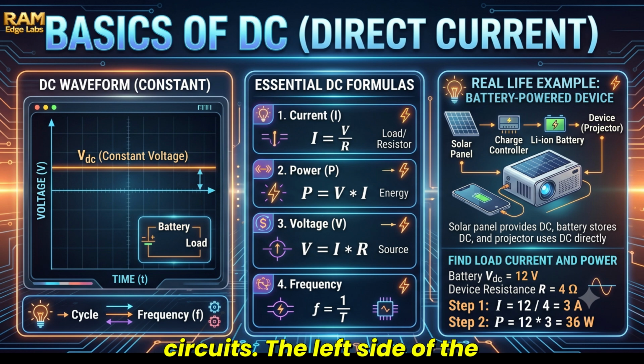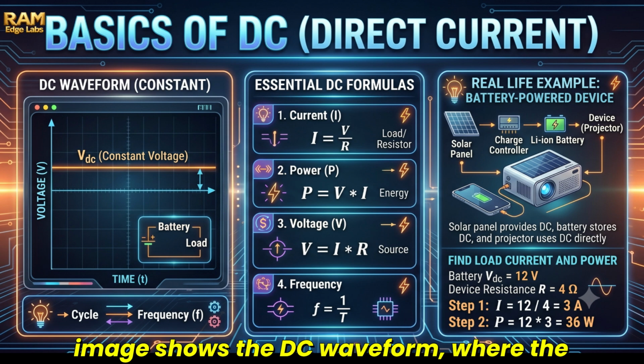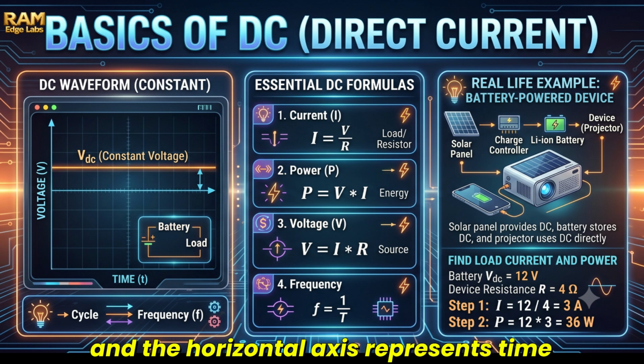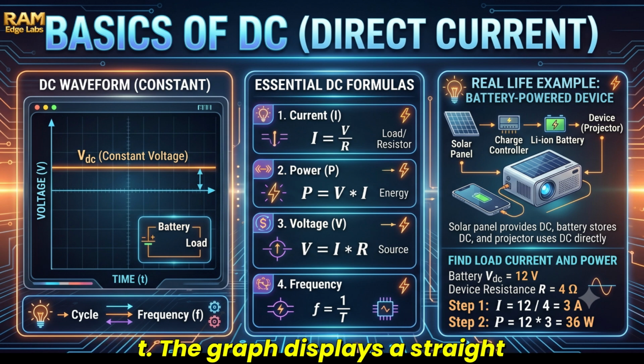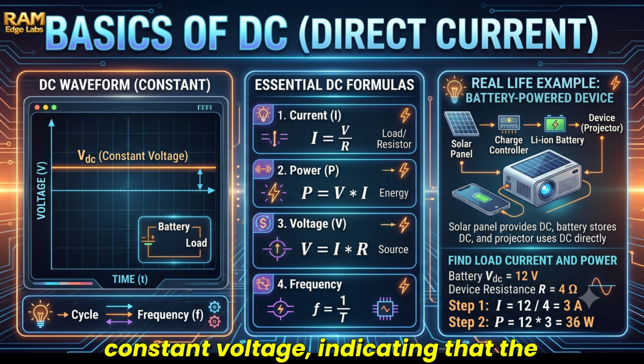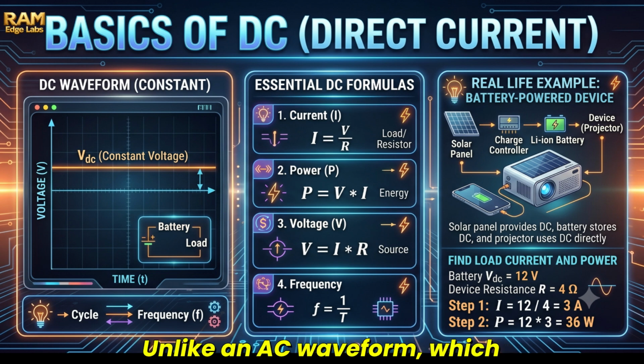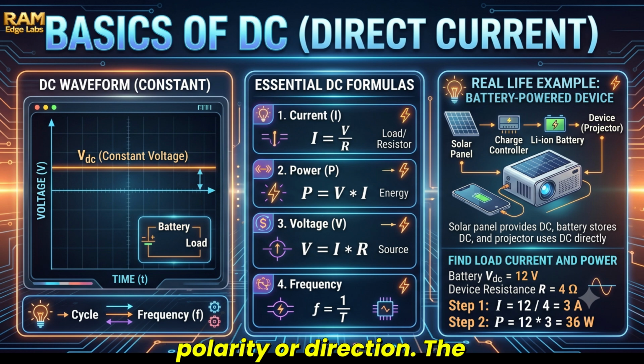The left side of the image shows the DC waveform, where the vertical axis represents voltage, V, and the horizontal axis represents time, T. The graph displays a straight horizontal line labeled VDC, constant voltage, indicating that the voltage remains constant over time. Unlike an AC waveform, which rises and falls continuously, a DC waveform does not change its polarity or direction.